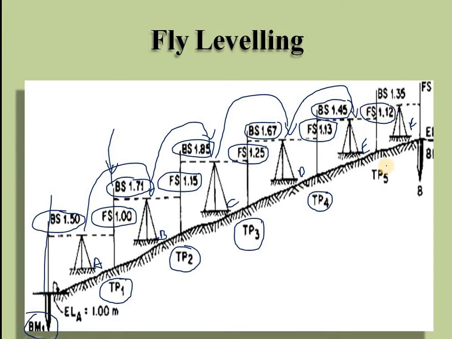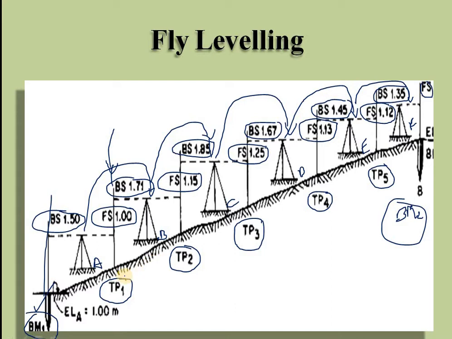Similarly, changing again to turning point 5, the last is another station point F. On F we observe BS is 1.35, and the FS is whatever the reading will be. Totally, from benchmark 1 to benchmark 2, that is from the RL of A to the RL of F.